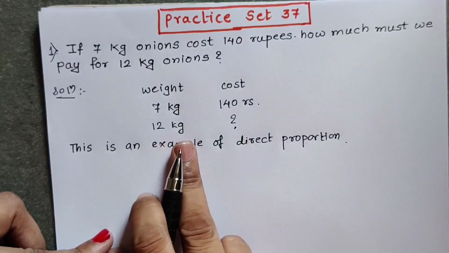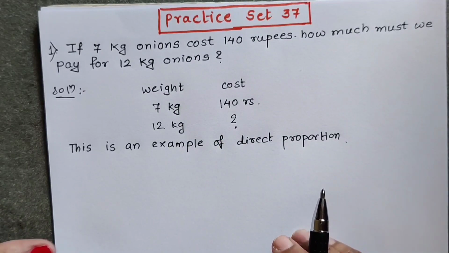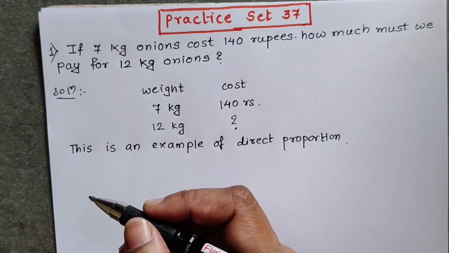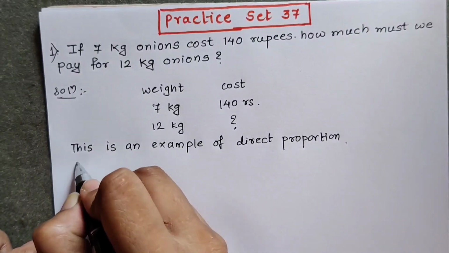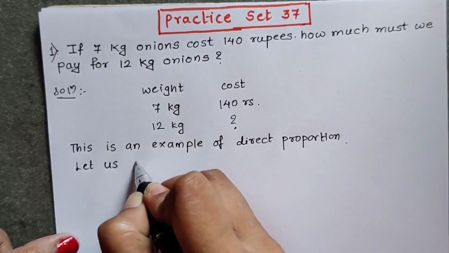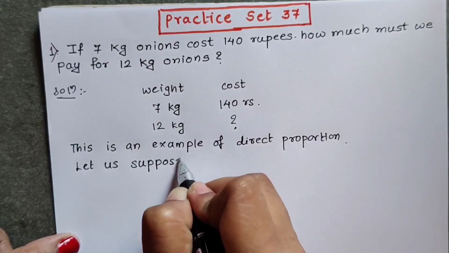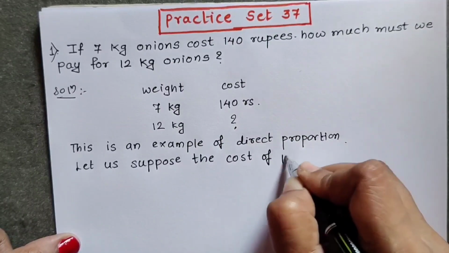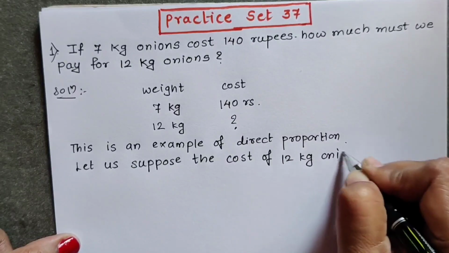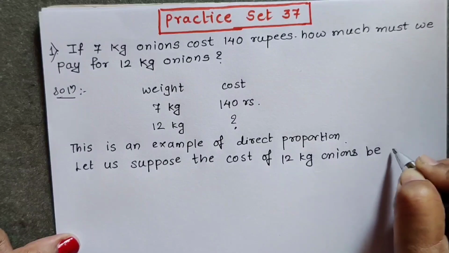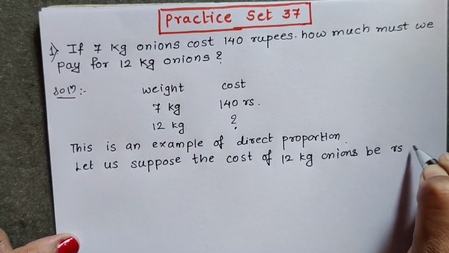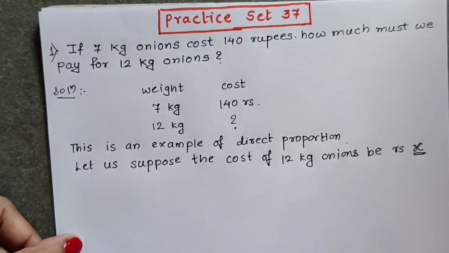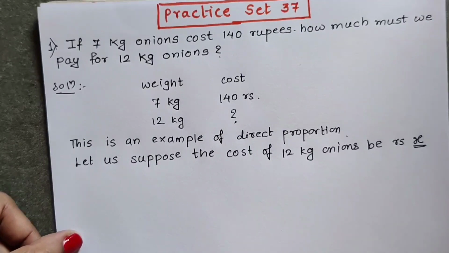So for 12 kg onions, we have to find their cost. We don't know the cost, so let us suppose the cost of 12 kg onions be rupees X. So we write it as rupees X. For 7 kg, we have given 140 rupees.